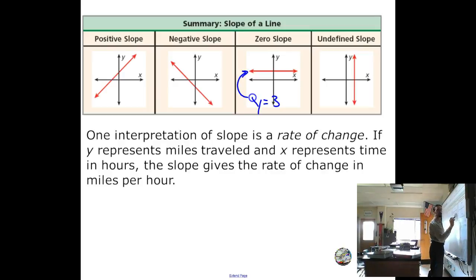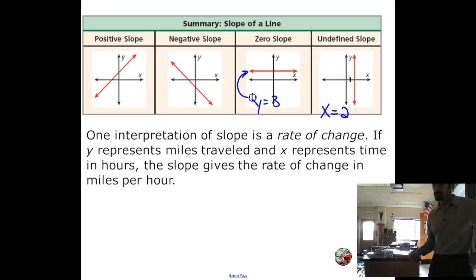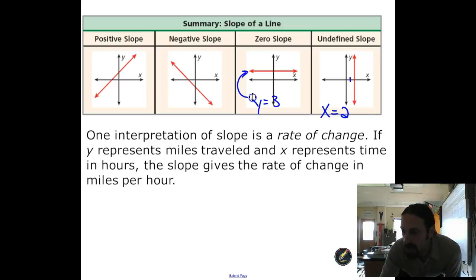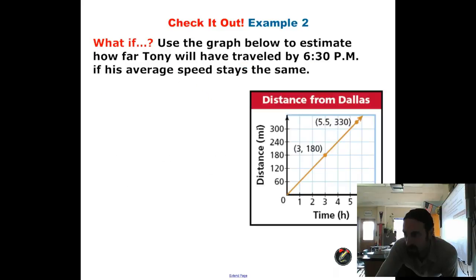Something with an undefined slope could be as simple as x equals 2. You can see you're 2 units over, and it makes a vertical line. So the interpretation here is slope can be considered rate of change. If y represents the miles traveled and x represents time in hours, the slope gives a rate of change in miles per hour.